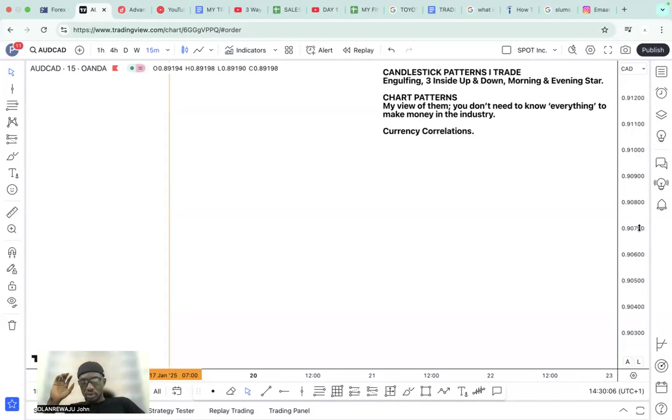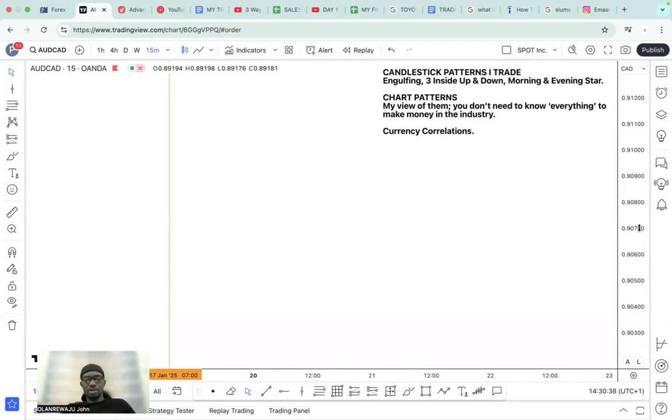The reason why I want us to talk about this now is because these candlestick patterns are also needed to be able to take a trade around your support and resistance area. So that's why we need to talk about them first before we talk about how we can make sense of everything to then take a trade.